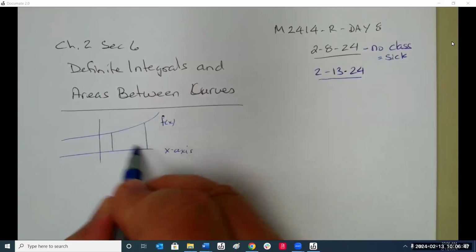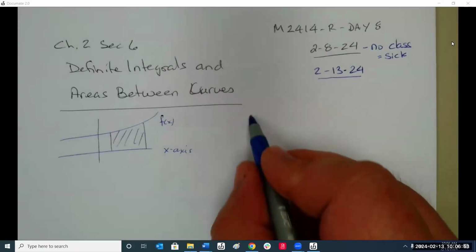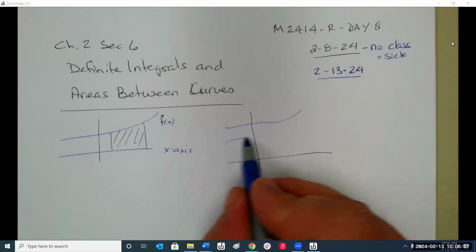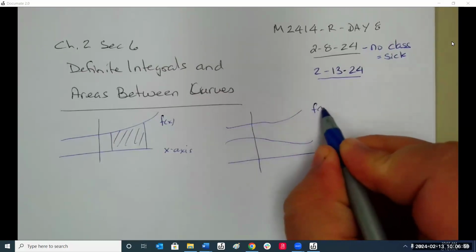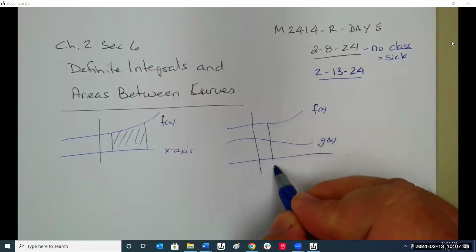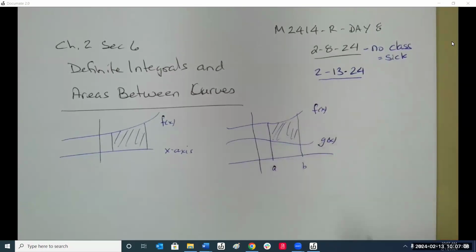We find the area of that curve there. Now we're going to look at two functions, f of x and g of x between a and b. We want to know that area.